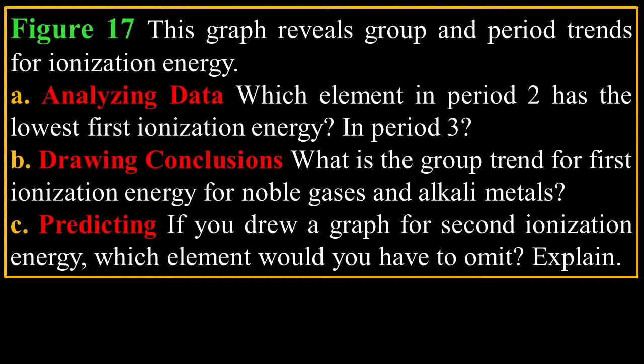Analyzing data. Which element in period 2 has the lowest first ionization energy in period 3? Drawing conclusions. What is the group trend for first ionization energy for noble gases and alkali metals? Predicting. If you drew a graph for second ionization energy, which element would you have to omit and explain?